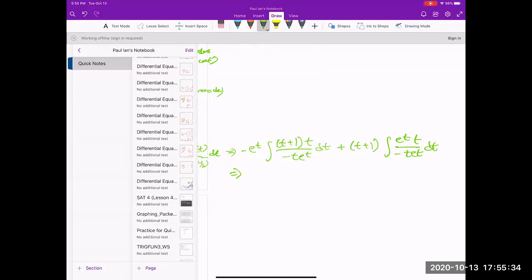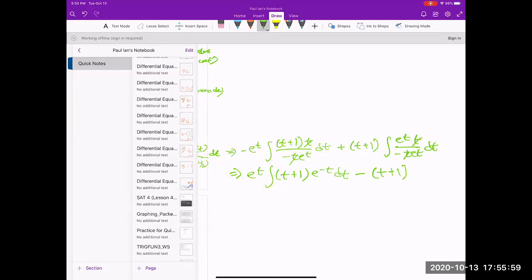Then to just do the integral, e^t plus 1, t plus 1, t cancels out. This is positive now, and e^(-t) dt minus (t plus 1).